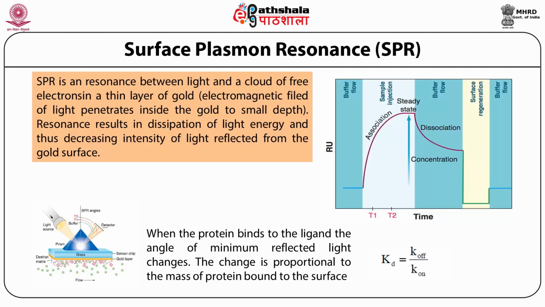So the values of Kon and Koff are taken to estimate the value of Kd in SPR. When the protein binds to ligand, the angle of minimum reflected light changes, and the change is proportional to the mass of protein bound to the surface. So this is one of the most efficient techniques used to measure the binding affinity between protein and ligand.